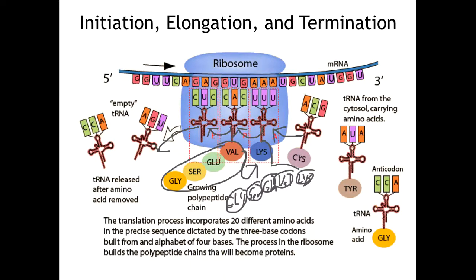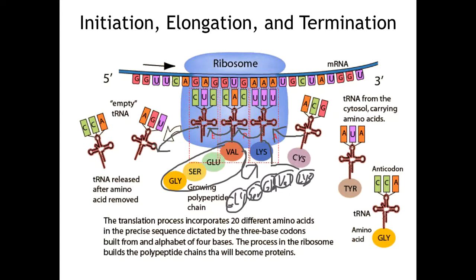And then you just do that over and over and over, right? So you move down, a new tRNA comes in, you transfer the old strand to the new tRNA, and then you move 3 nucleotides or 1 codon down again. The tRNA leaves from the E site, new tRNA comes into the A site, you transfer the growing polypeptide strand from your P site to the A site, and then you move down again.